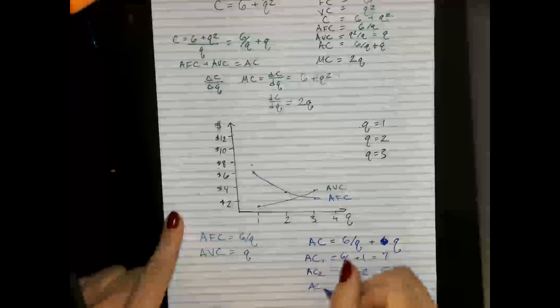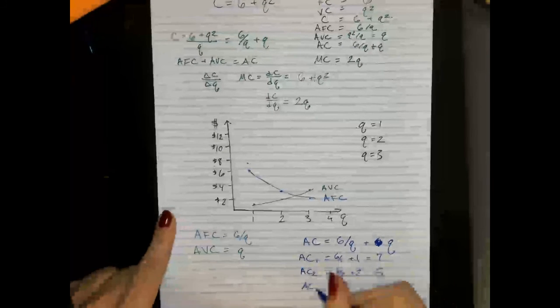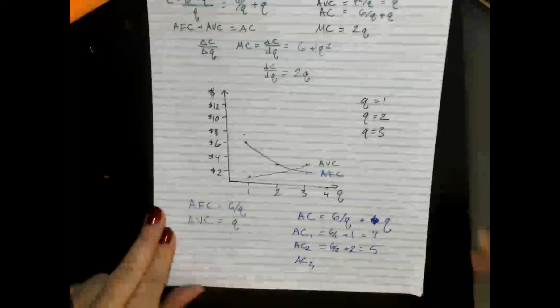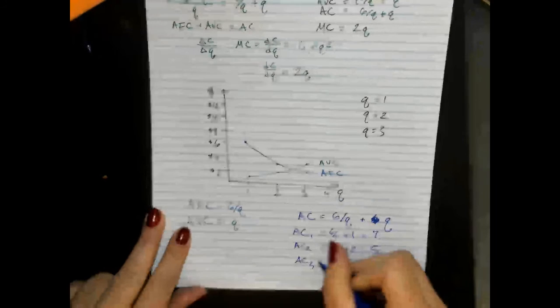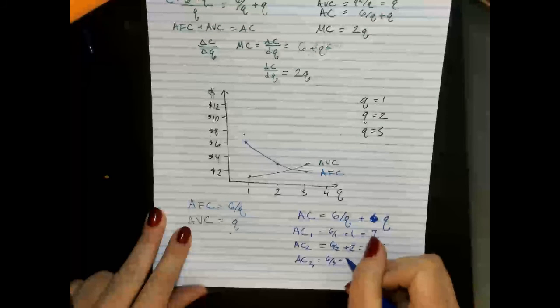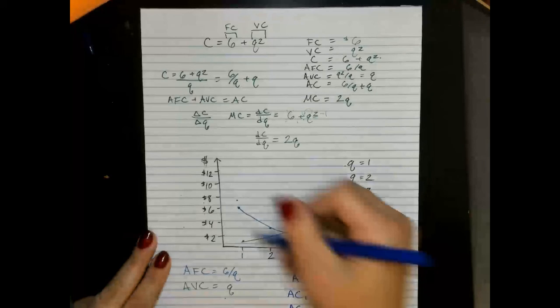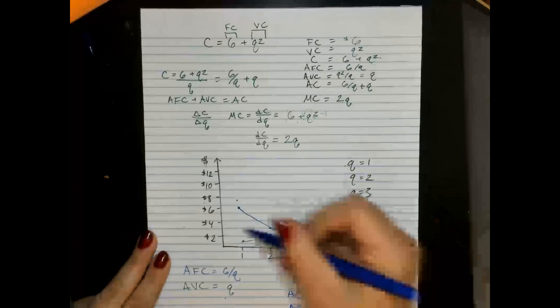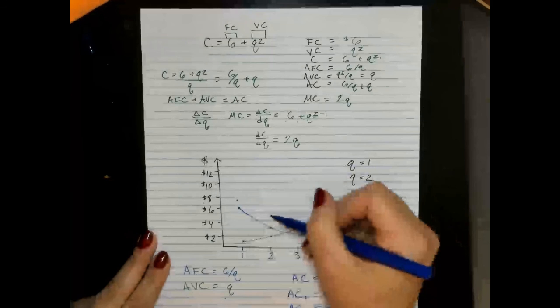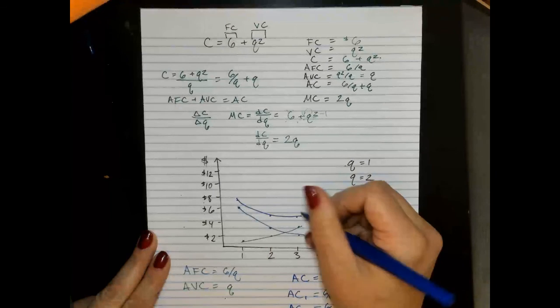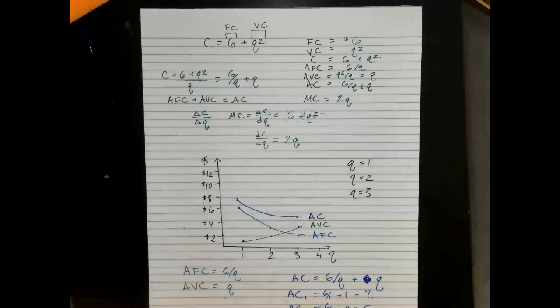And then average cost at a quantity of 3, I know I'm running out of space here and time, is going to be 6 divided by 3 plus 3, which is 2 plus 3 is also 5. So I'll graph that up here, 7, and then 5 and 5. And so that would give us our cost curves.